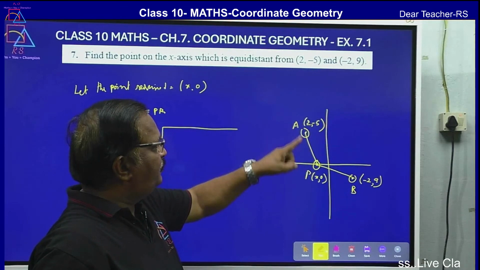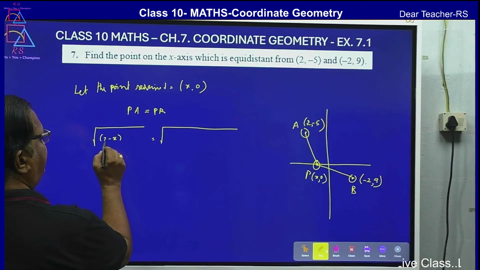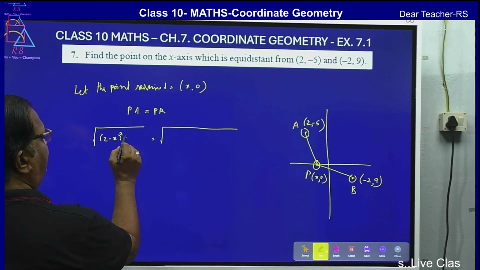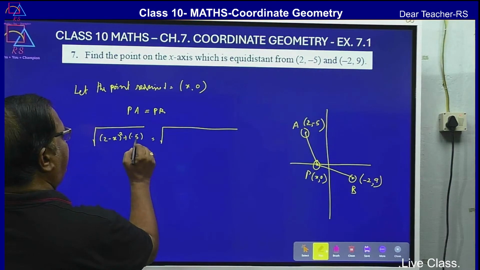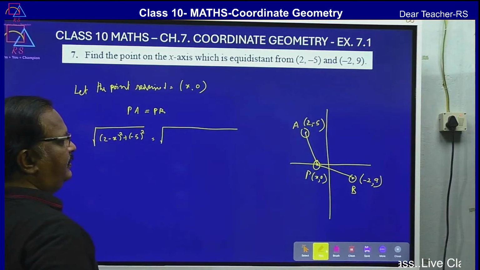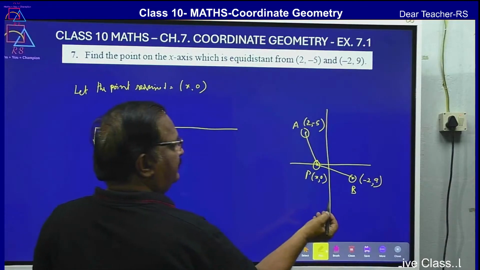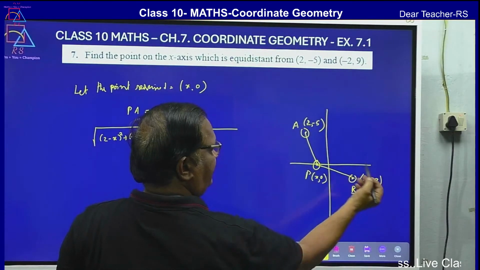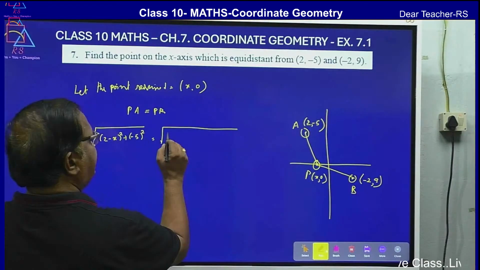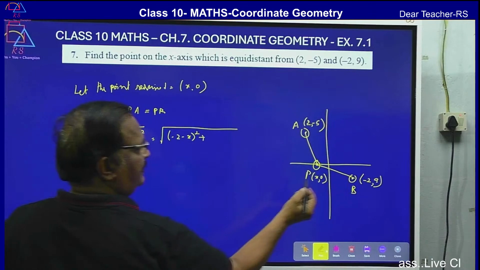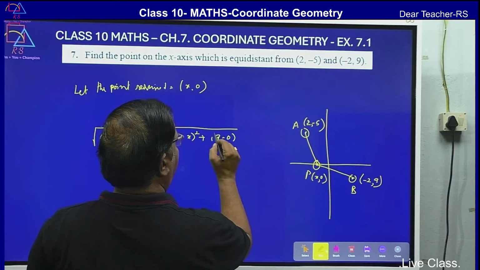So PA is (2 minus x) whole square plus (-5 minus 0) whole square, that means minus 5 whole square. And PB is (-2 minus x) whole square plus (9 minus 0) whole square.